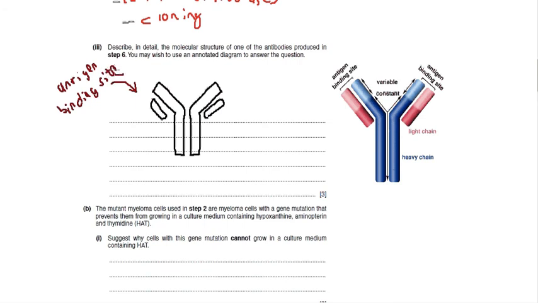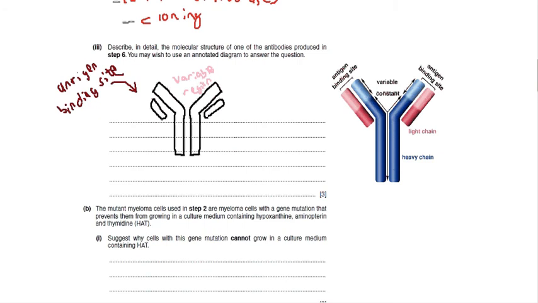This is the antigen binding site, and we have heavy chains, and we have a variable region here. This one always changes. We have a variable region, and lastly we have the light and heavy chains.